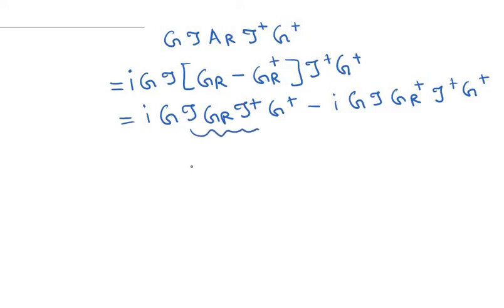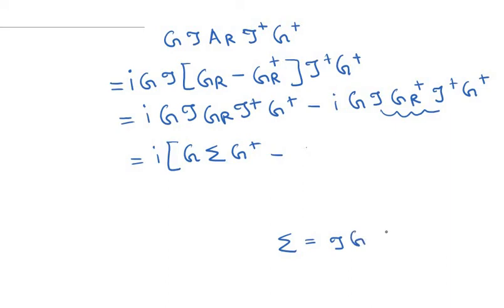Now what is this part? This part is equal to this matrix sigma. This we have learned earlier. So this is equal to i G sigma G dagger minus, and what is this part? This part is basically equal to sigma dagger.